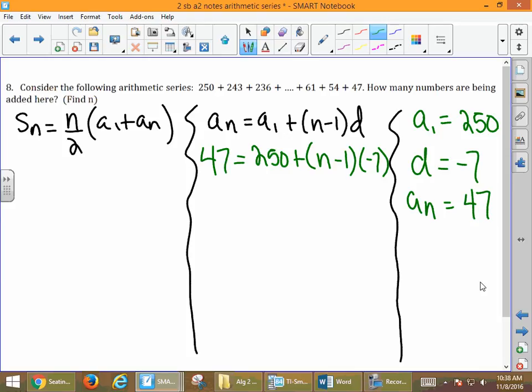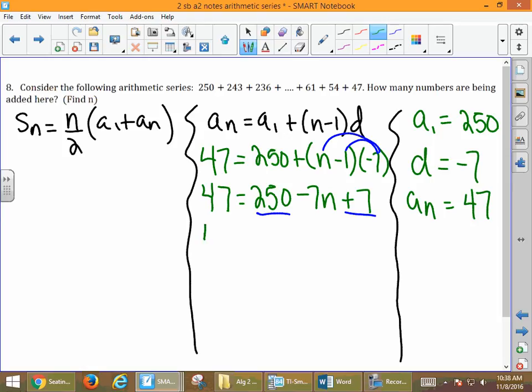So now, we're going to distribute here and here. So we get 47 equals 250 plus negative 7 times n, negative 7n. Negative 7 times negative 1 is positive 7. We can combine like terms. 250 plus 7.